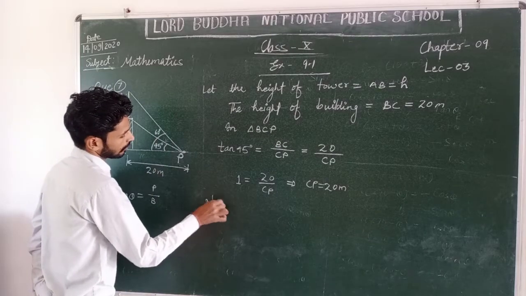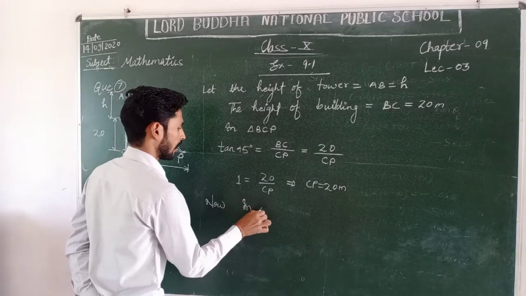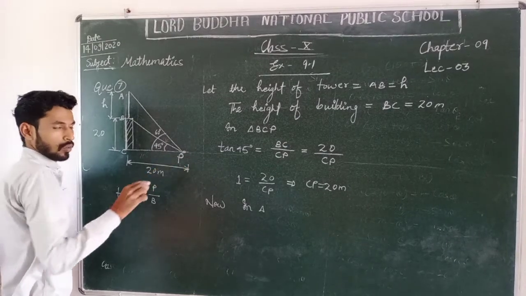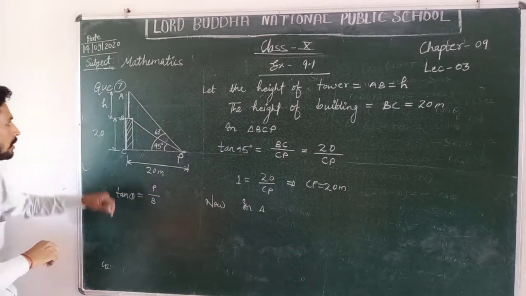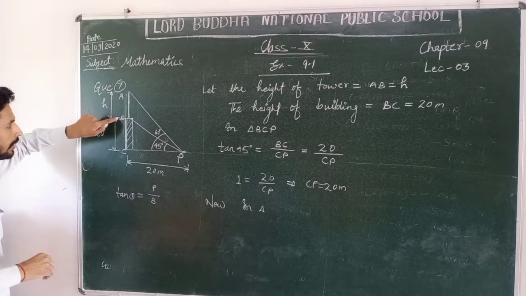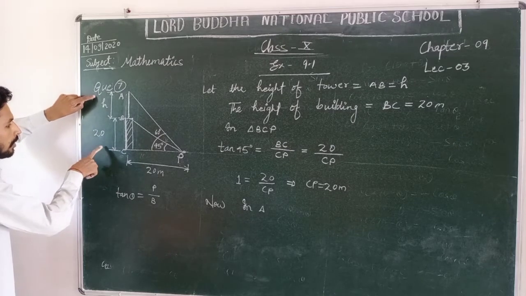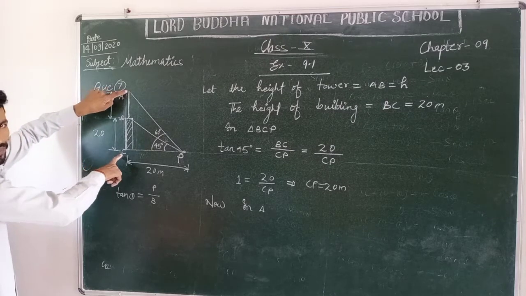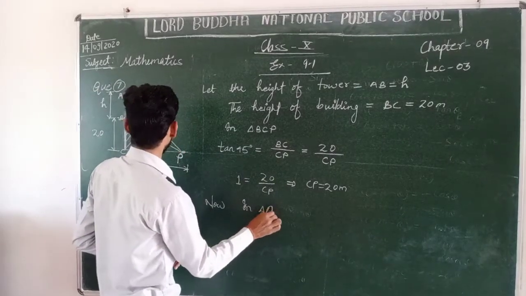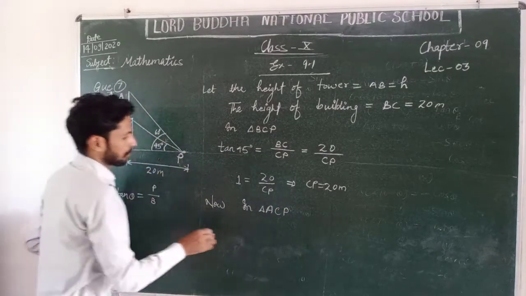Now in triangle ACP, why are we taking this triangle? Because if we want to calculate the height of the tower, that is AB, then we also have to calculate the total height from point C to A. So we are taking triangle ACP, A is here, CP.